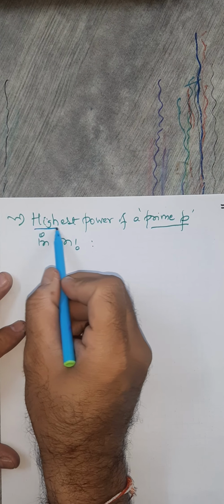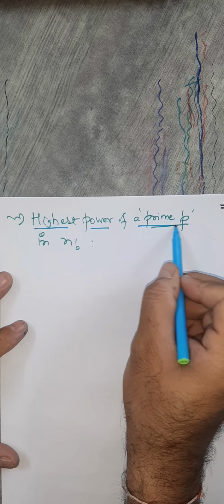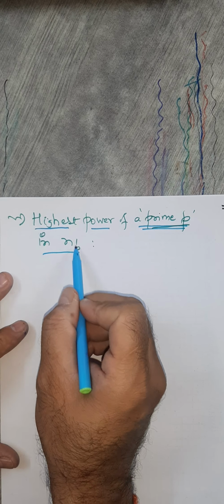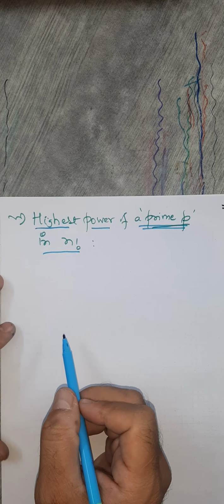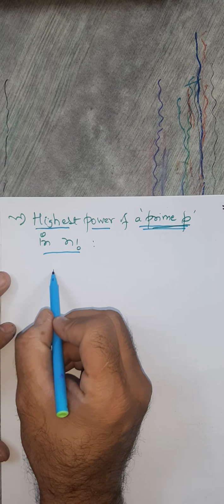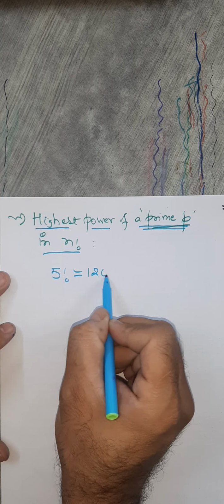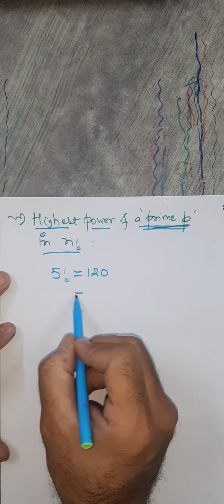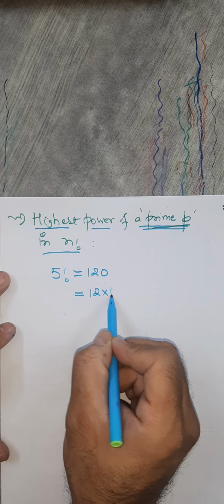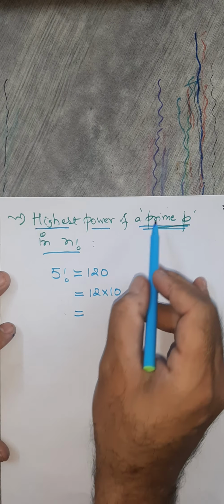So next point is here, we want to write highest power of a prime number p in n factorial. See what I'm trying to tell you. Suppose I'll take 5 factorial. What is 5 factorial? 120. Now if I write factorization of 120, it is 12 into 10. Further I can write prime, remember.